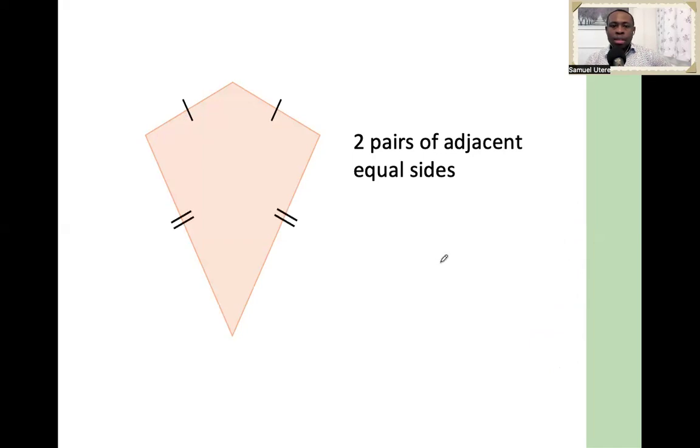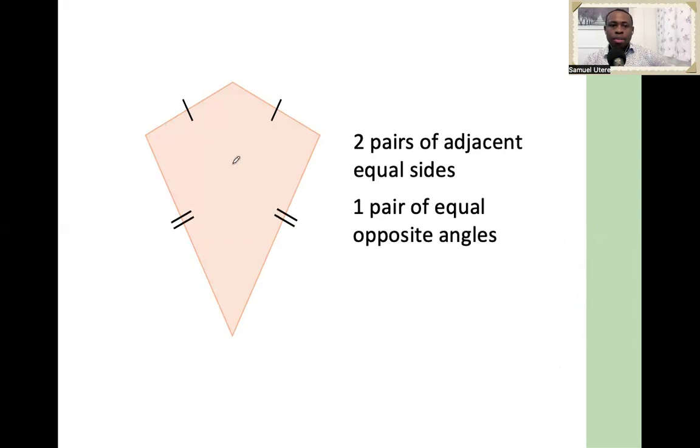Here is this one. What do you notice about this shape? So here are some of the properties. It has two pairs of adjacent equal sides. Adjacent means just sitting next to each other. And those sides are these that are showing the hatch marks. It also has one pair of equal opposite angles.